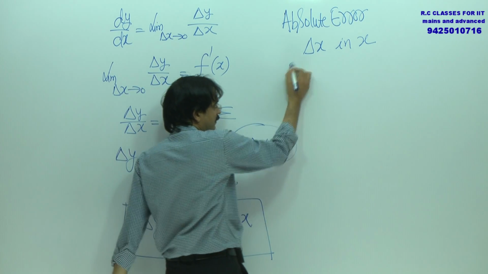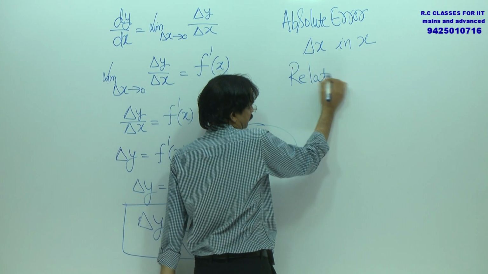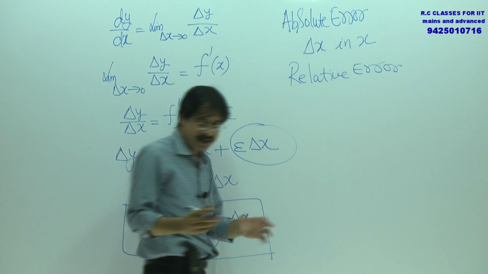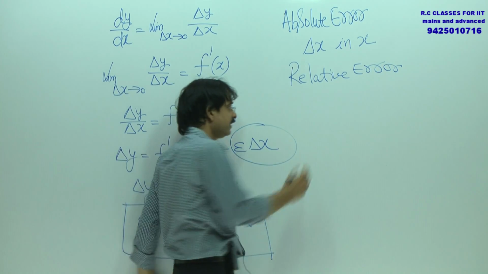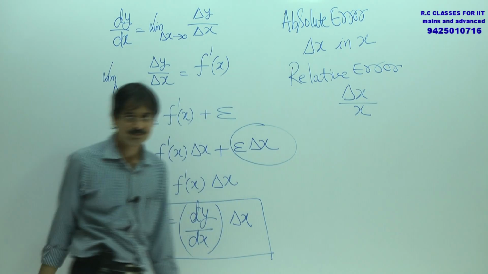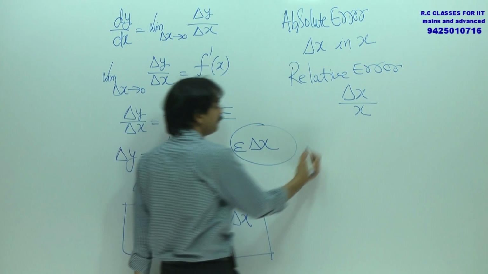If I say relative error, that relative error is going to be delta x upon x, check, and then percentage error.